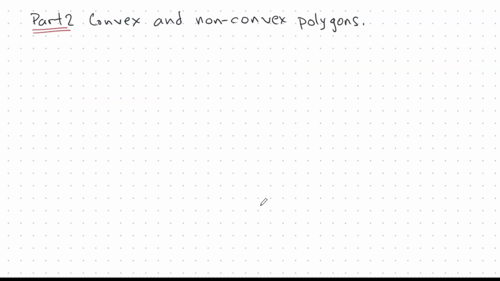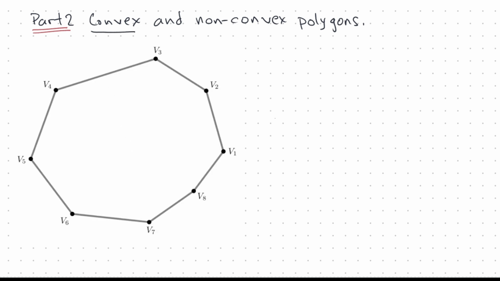Now let me introduce you to the concept of a convex polygon. This is an example of a convex polygon. Why is it convex? Well, I can take any points on the polygon boundary or any points inside the polygon, and draw a chord or a segment. So for example, like this, or maybe this way. It could be any points, even points inside the polygon.